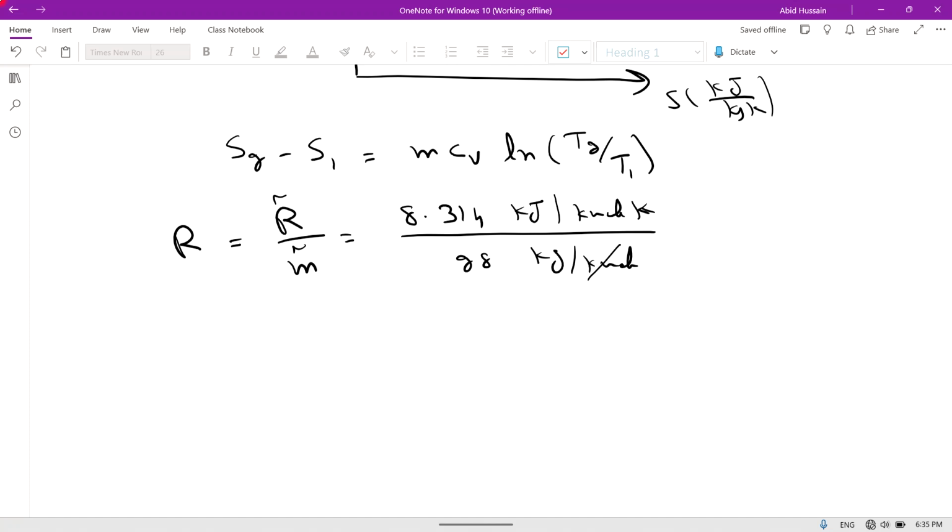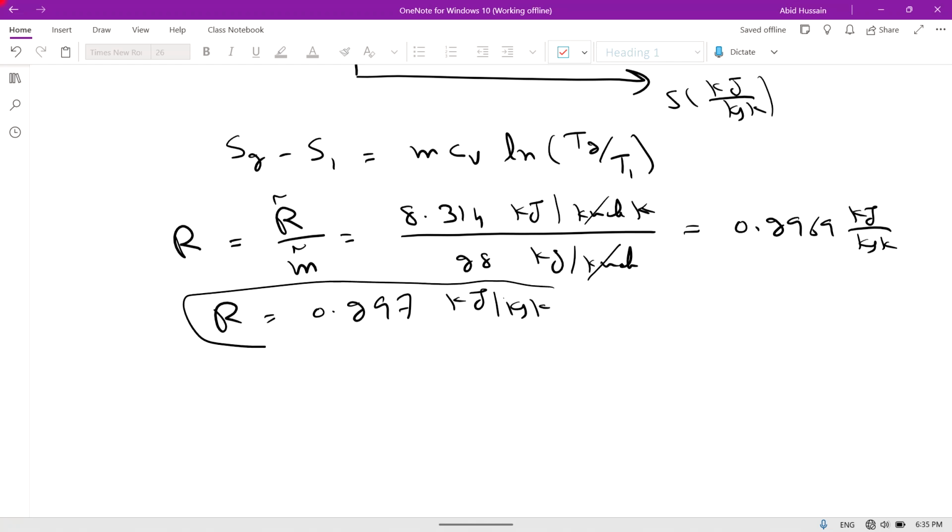Kilomole cancels with kilomole, so the answer for R is 0.2969 kilojoule per kilogram per Kelvin. Rounding this, 0.297 kilojoule per kilogram per Kelvin.